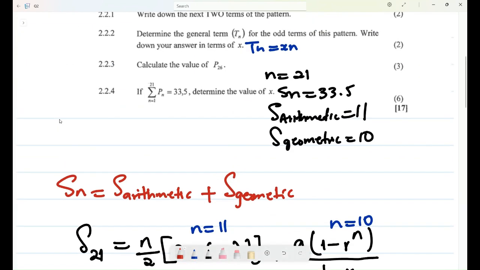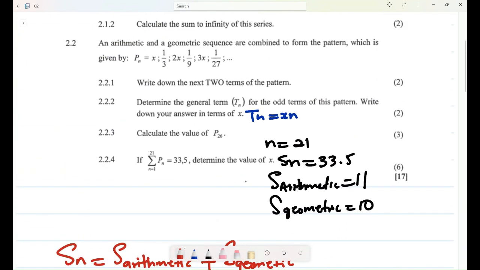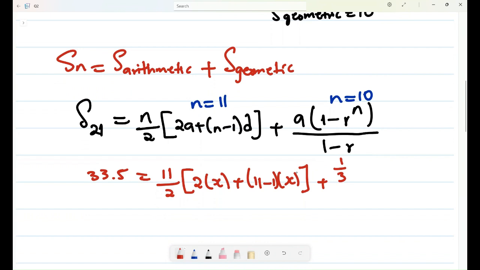Can you see? Then 1/3 into 1 minus, what is the value of r? It is 1/3 also, to the power of 10 here.